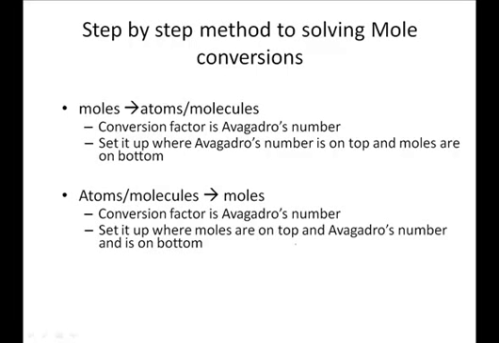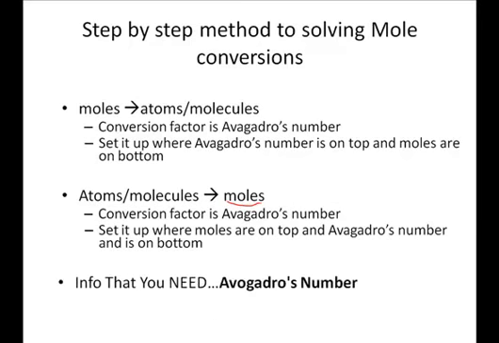When I'm solving for atoms and molecules and I'm trying to convert those to moles, my conversion factor again is Avogadro's number. I set it up where moles are on top, again because that's what I'm looking for, and Avogadro's number is on the bottom. Info that I need in order to solve these problems is, again, Avogadro's number.